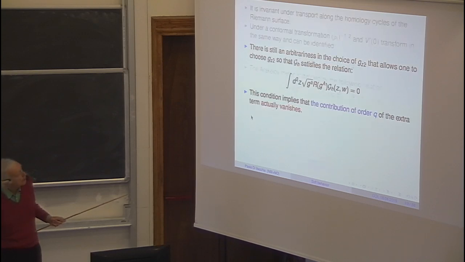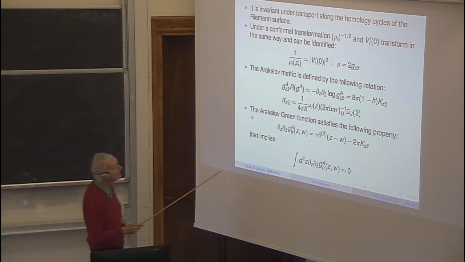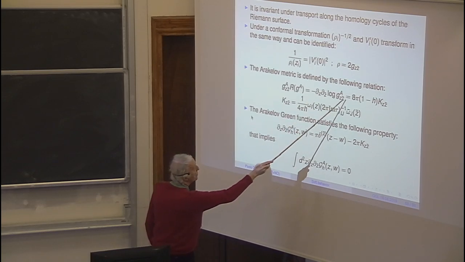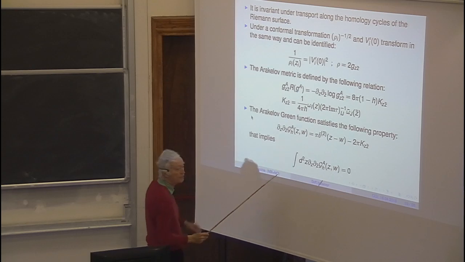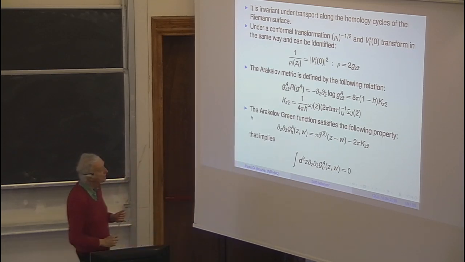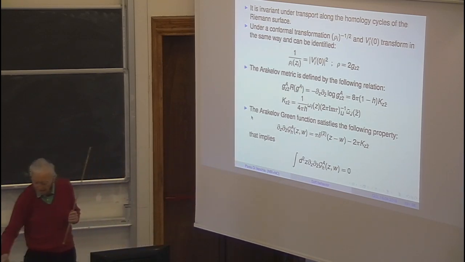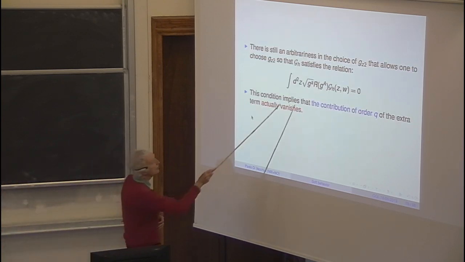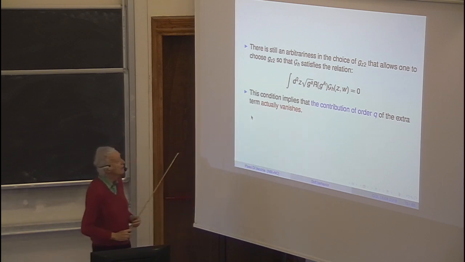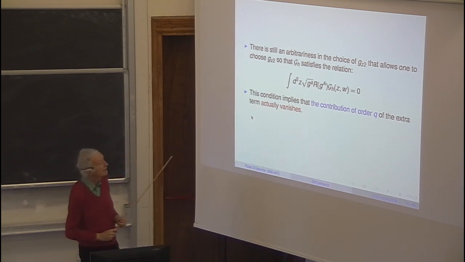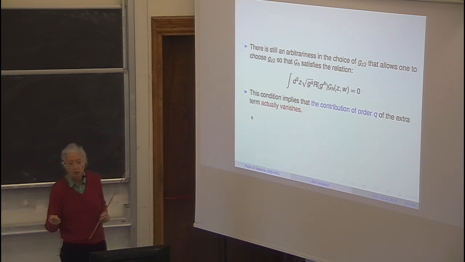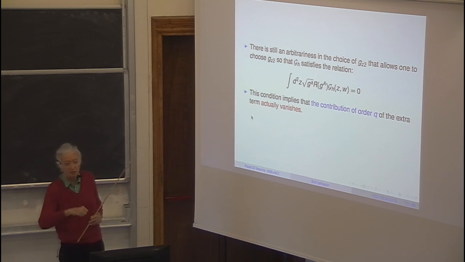Now, the previous equation does not completely determine G, because there is a double derivative, so if you have one G, you can always add a holomorphic plus anti-holomorphic function, and you can use this freedom to fix also this equation. So this is the equation that the Arakelov metric satisfies, and this is the equation that eliminates the order q extra term that appears in the case of the dilaton.